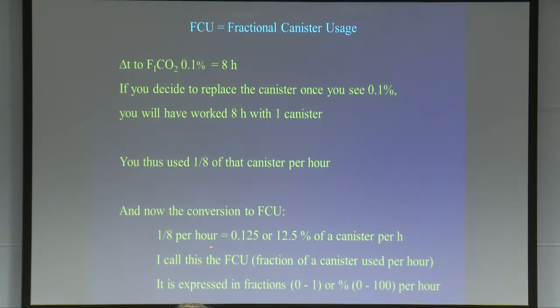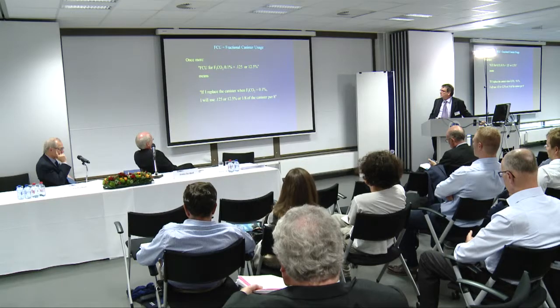So now the conversion to FCU, the fraction of the canister you use per hour. If I use 1/8 of the canister per hour, I'm using 0.125, a fraction, or in percentages expressed, 12.5% of the canister per hour. And again, I call this the FCU. It can be expressed as a fraction or as a percentage of the canister used per hour.